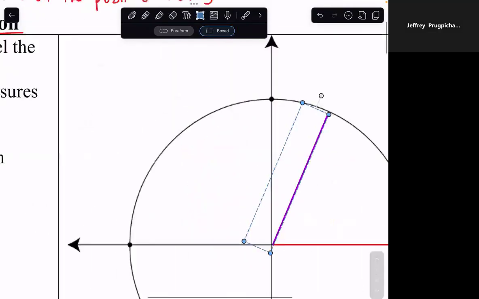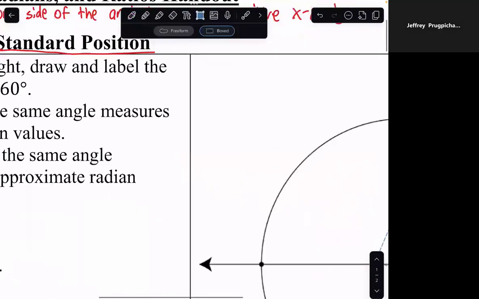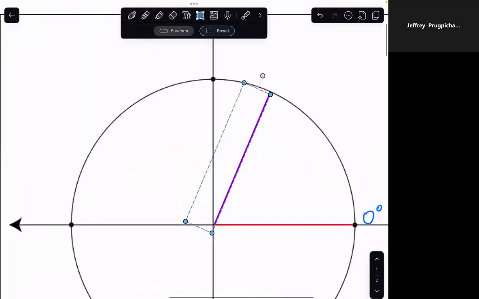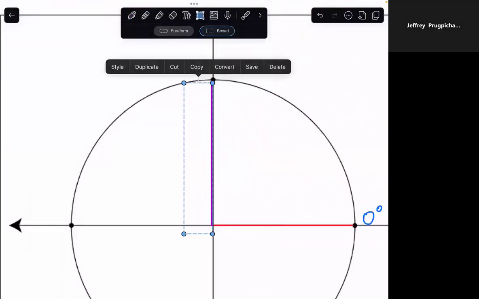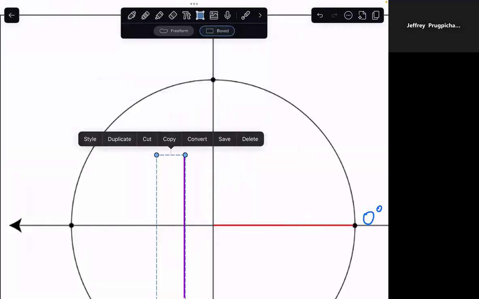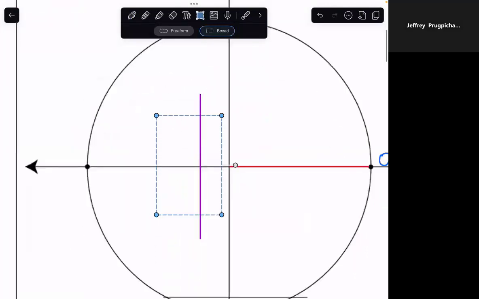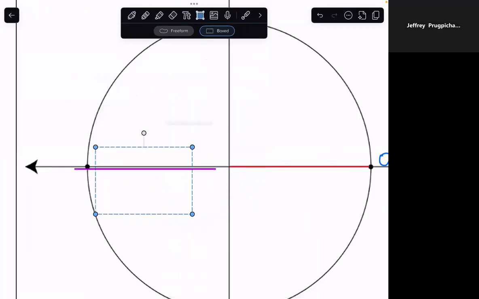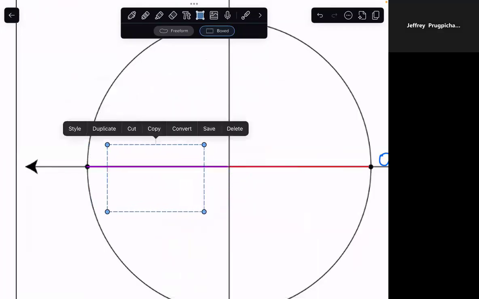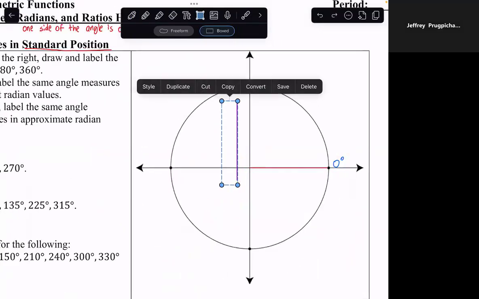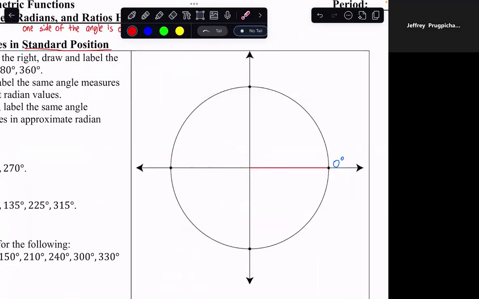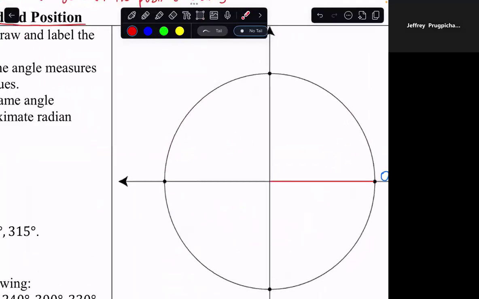So how far am I going? I need to do 180 degrees. Well, here's 90, so 180 would be double that. 180 would go all the way to the other side. Another way you can think about it is that a full circle is 360 degrees, so half of that, 180 degrees, is halfway around.